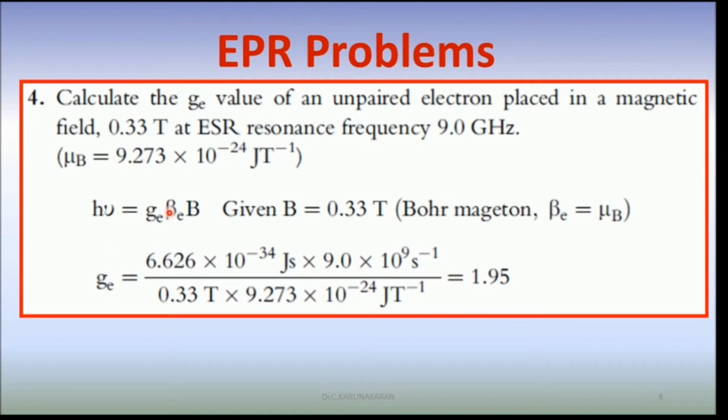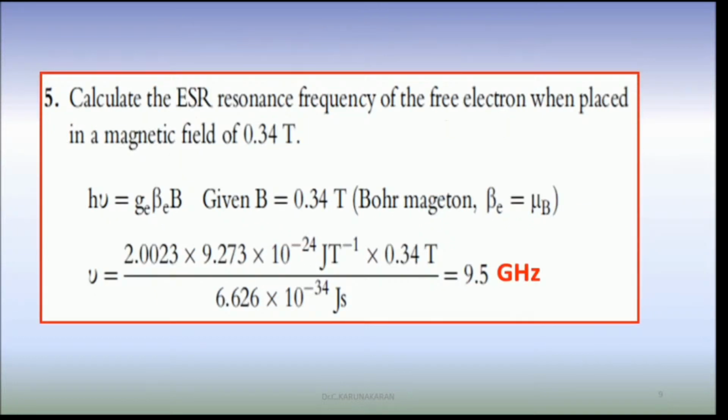You are given the resonance frequency 9.0 gigahertz, which is 10 power 9 per second. Hertz is per second. On substituting, we'll get the g value 1.9895.